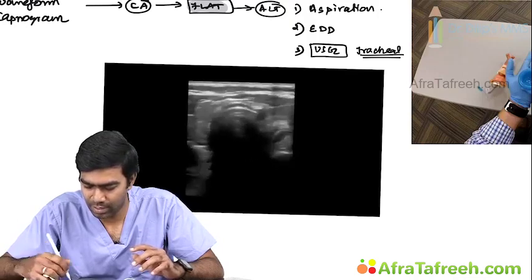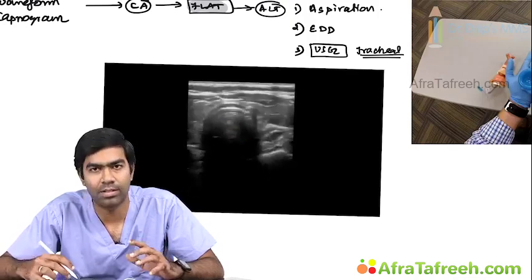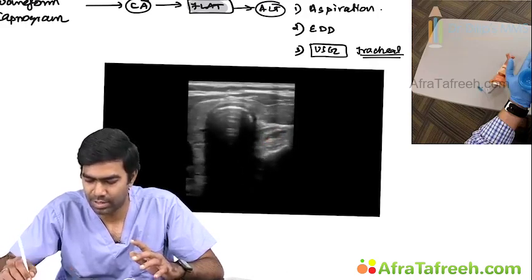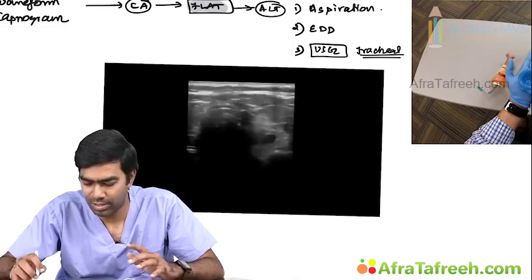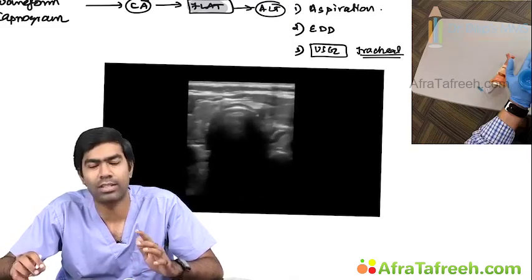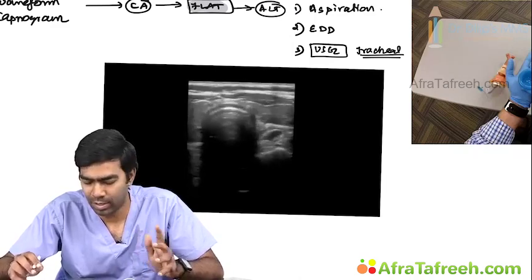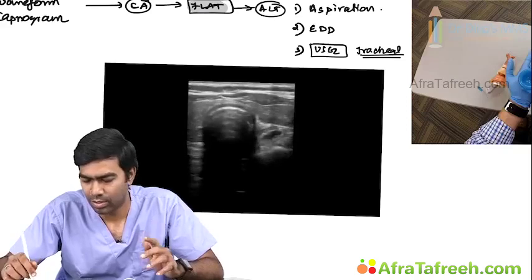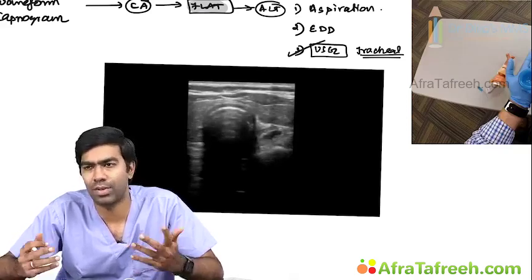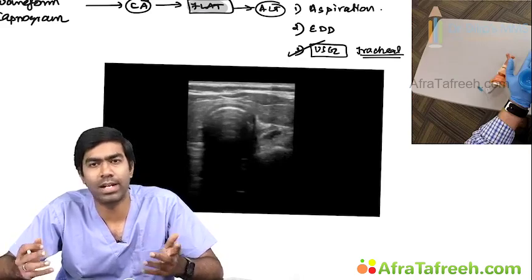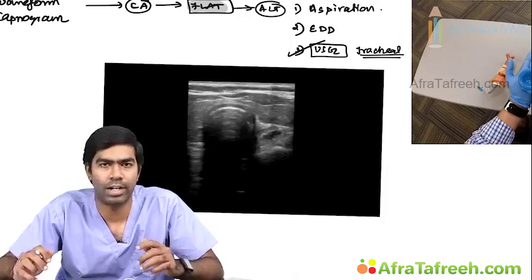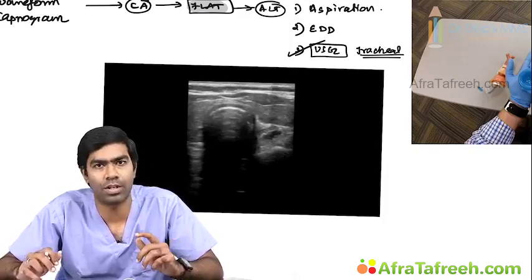You can see very clearly the trachea having the movement and the esophagus still the same size. Clear? So this is a very, very simple, straightforward, easy method to tell whether the patient is having tracheal intubation or esophageal intubation. Ultrasound is fast, very accurate, and it's supposed to be 97 to 100% specific for esophageal intubation. If you have an ultrasound, please use ultrasound.